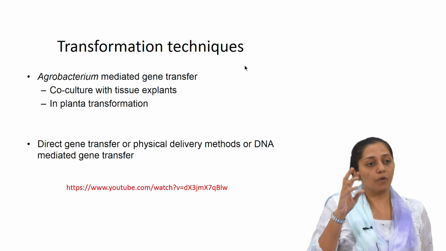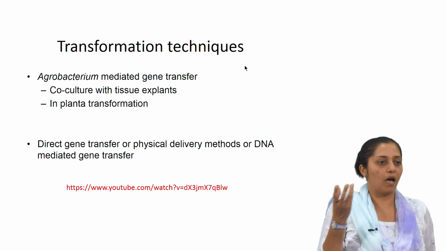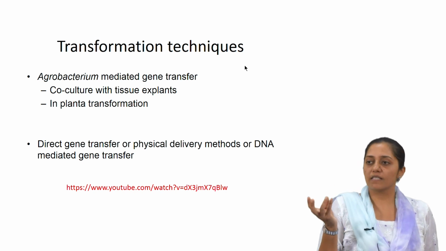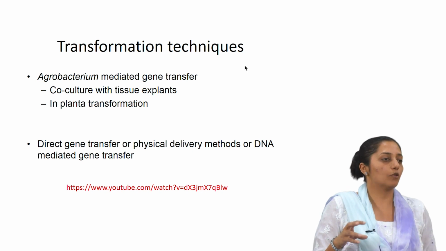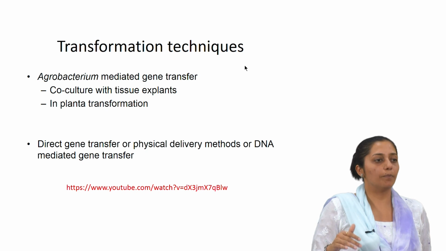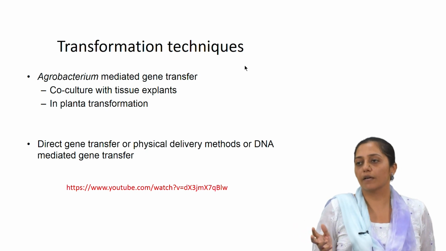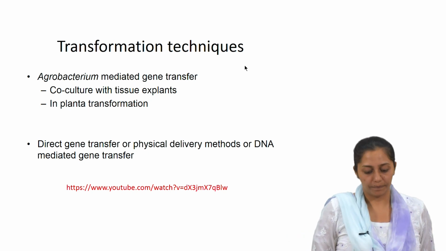Just before pollination, when the flowers come out, there is the floral dip method through which Agrobacterium can get into the plant and, after pollination, transform the zygote, so that in the progeny you will see transformation happening.